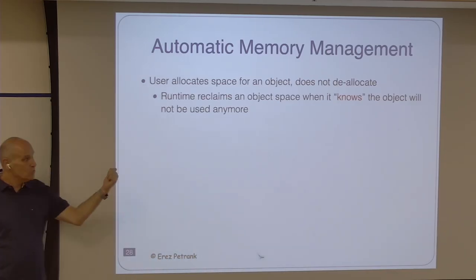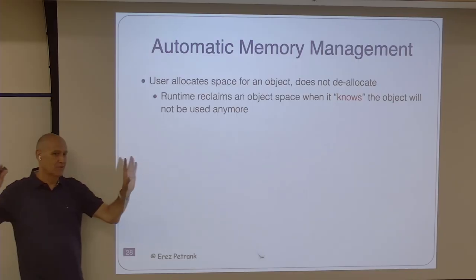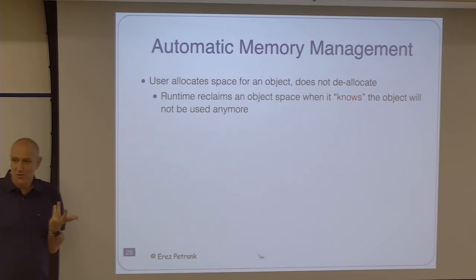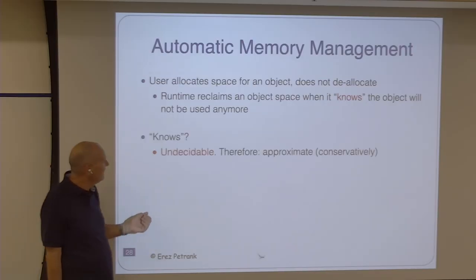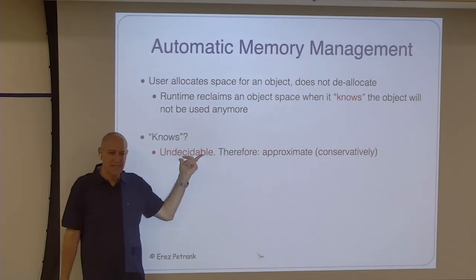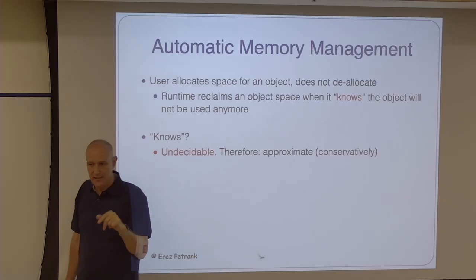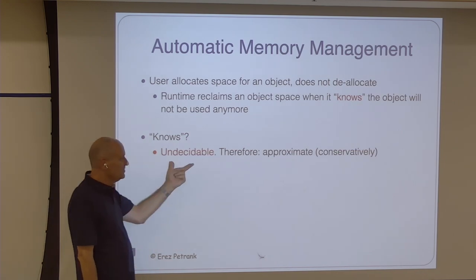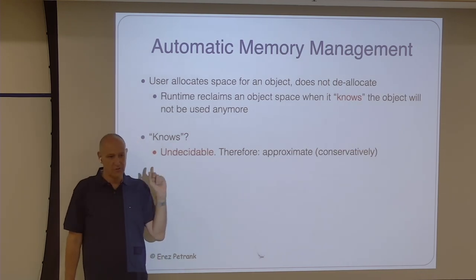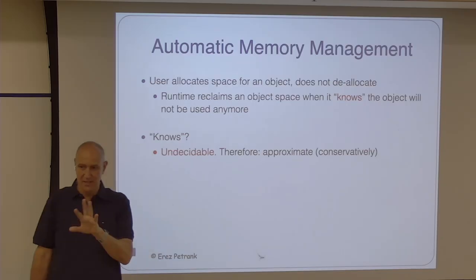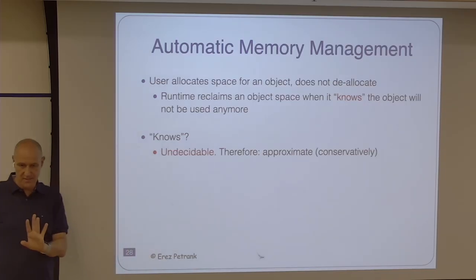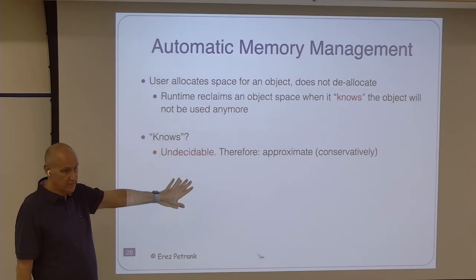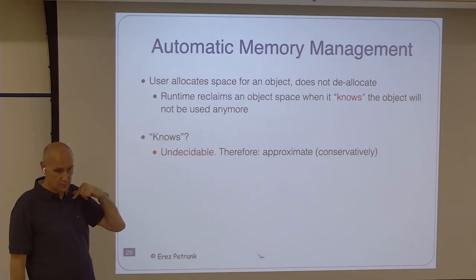Okay, and I'm saying knows with a grain of salt, because you cannot tell. This is what's called undecidable. You will learn about it when you do computability. There's no way to tell if you're going to use it or not. You can show mathematically that you cannot tell if you're going to use an object again in your program or not.